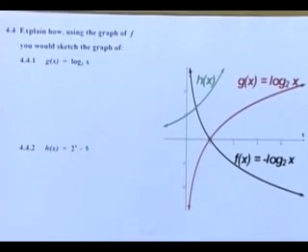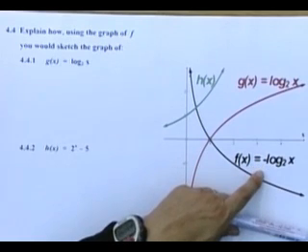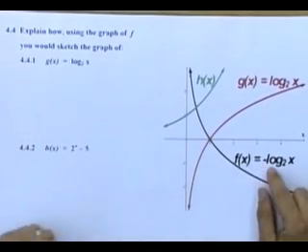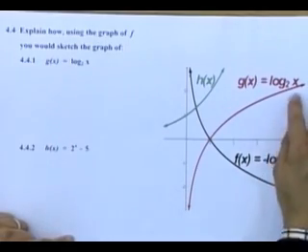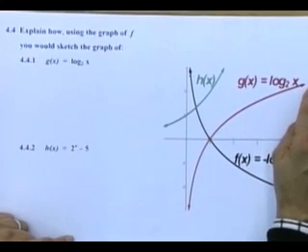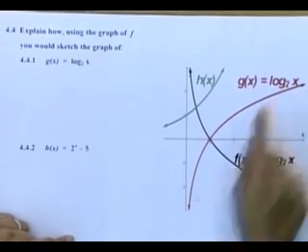What is different? Have a look at it carefully. This is f(x). They want to know if you must sketch g(x), which is log of x with base 2, we know it's that one. What happened from this one to that one?